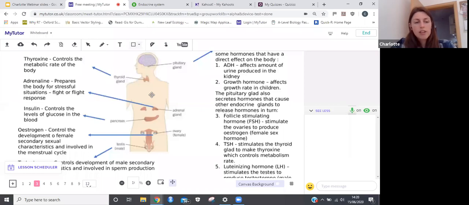And adrenaline is one of the quicker acting hormones in the body because it stimulates the flight or fight response. So when something quick happens or you get a shock, you release that adrenaline and suddenly you're ready to do everything. It's a very quick response. It's very instinctive. And that is adrenaline that's released from the adrenal gland.